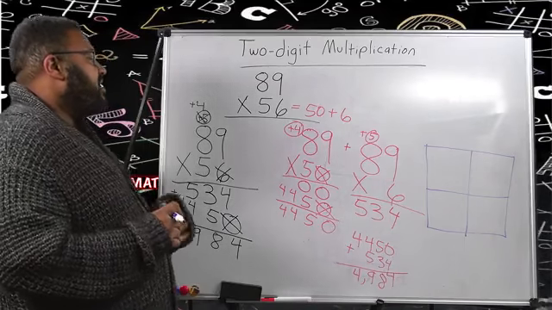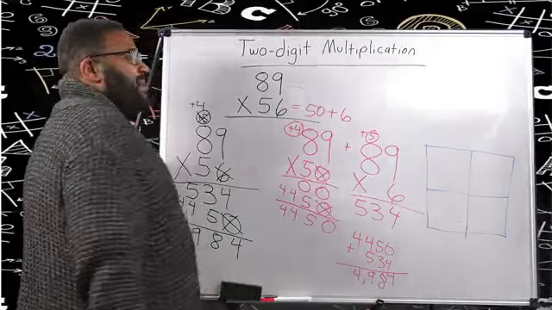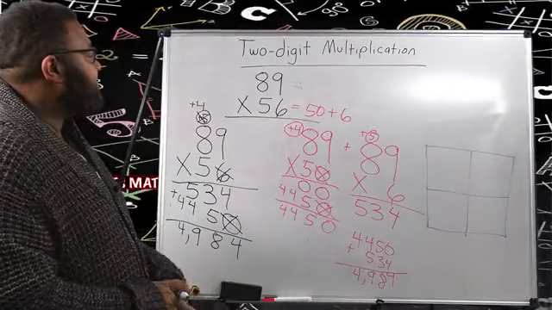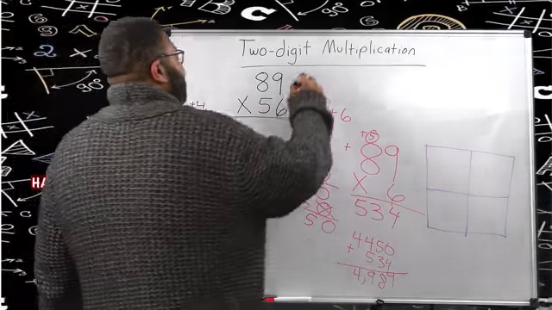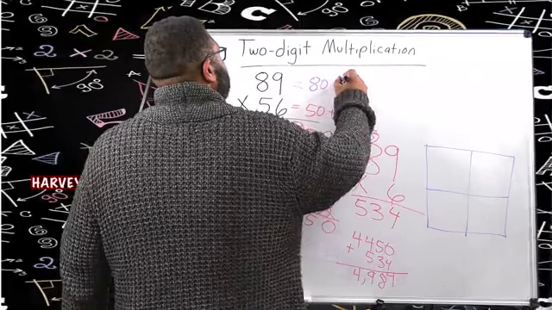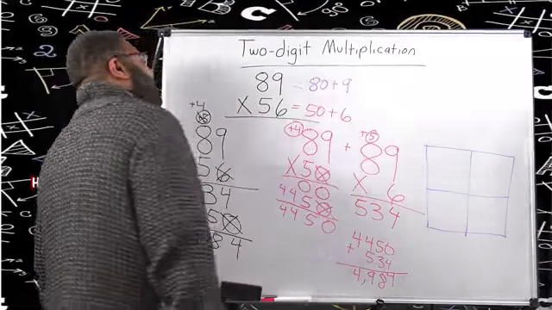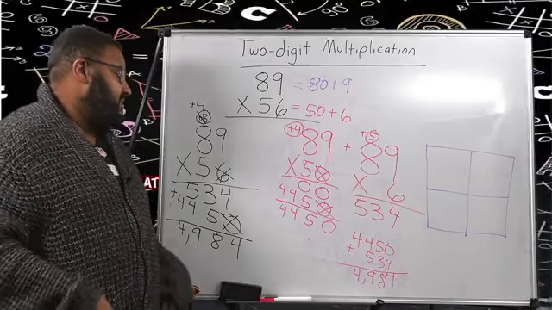Now what I have to do with this number up here is the expanded form. Have to do the expanded form of 89. Somebody told me. I hear you. You're correct. 80 plus 9.